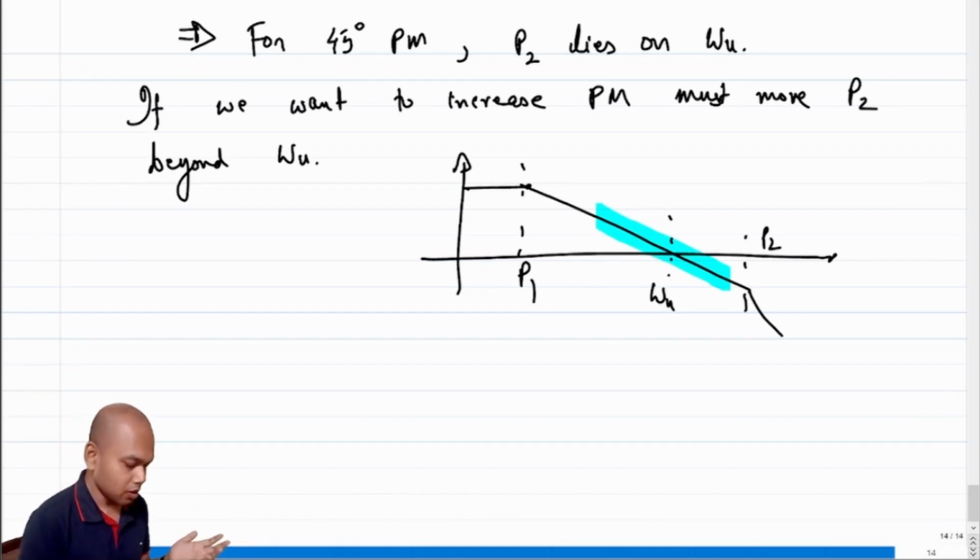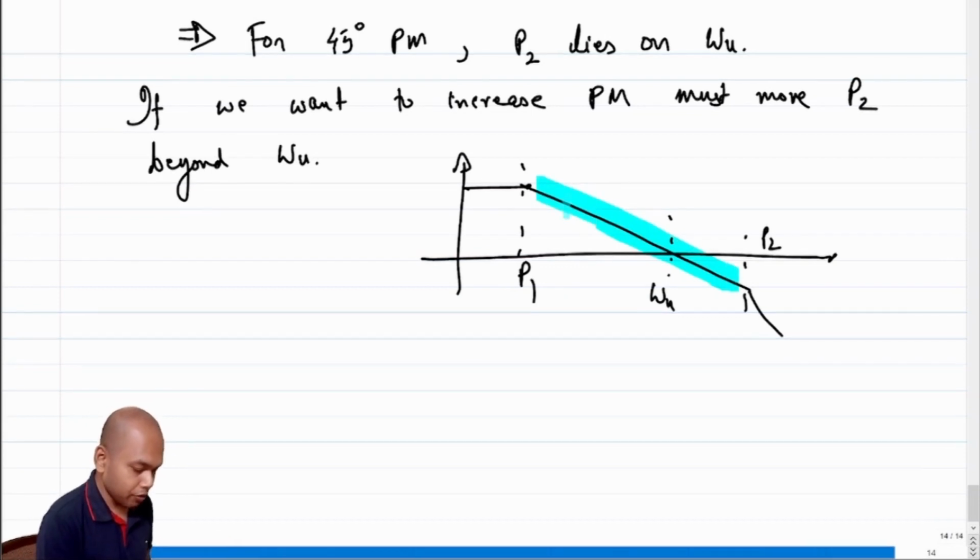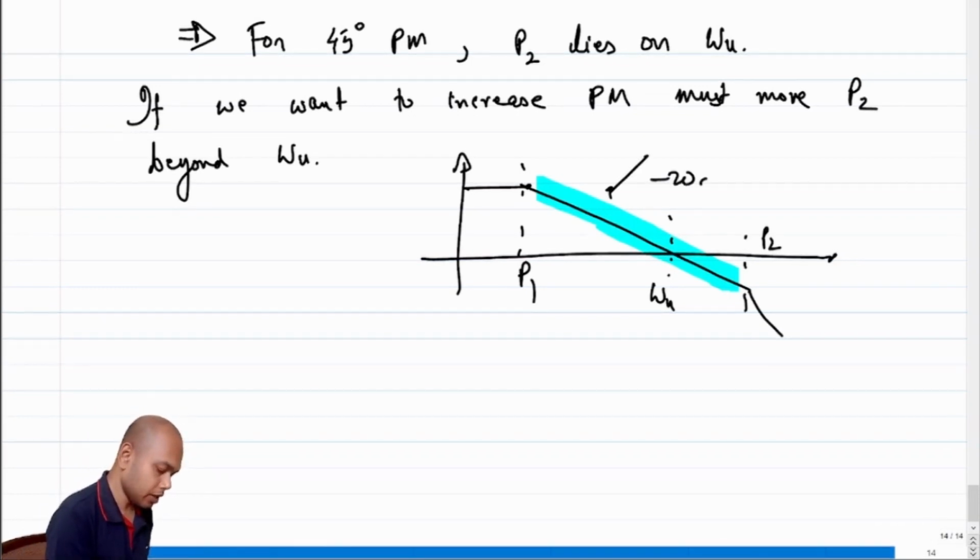If we look only at this straight line, it seems like a first order roll off, a minus 20 dB per decade roll off.